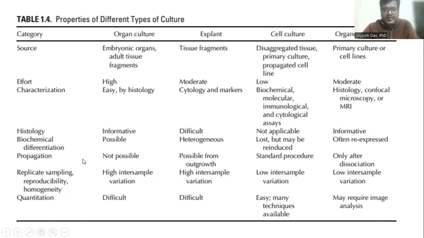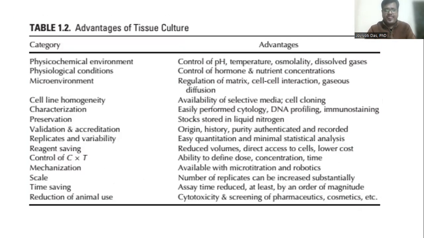And in case of quantitation, in organ culture it will be difficult. Explant, again, quantitation of cells will be difficult, but it's easiest if you're doing single cell culture. In organotypic culture, it may require image analysis.